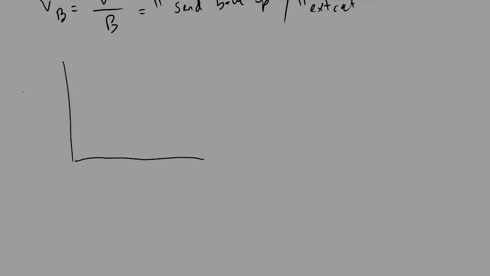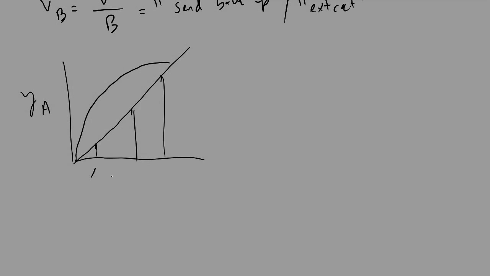And the McCabe Thiele diagram looks something like this. So we will have an equilibrium curve that looks a bit like this. We will have an operating line that is simply a diagonal, and it's a straight line. And on our curve, we will have 3 points on our x-axis.